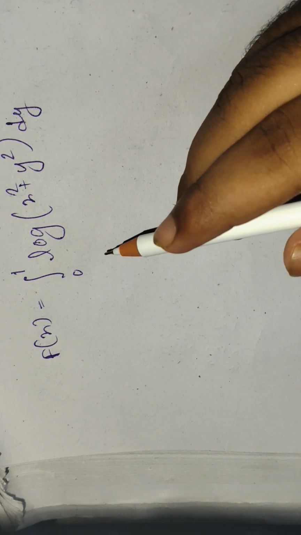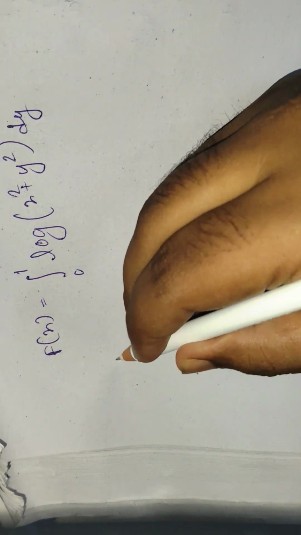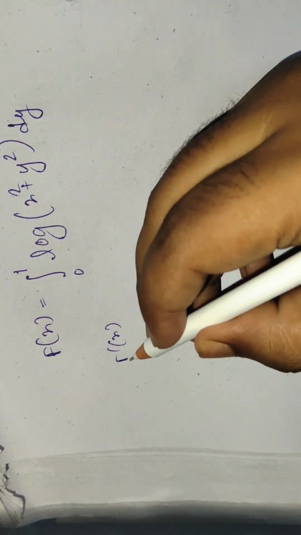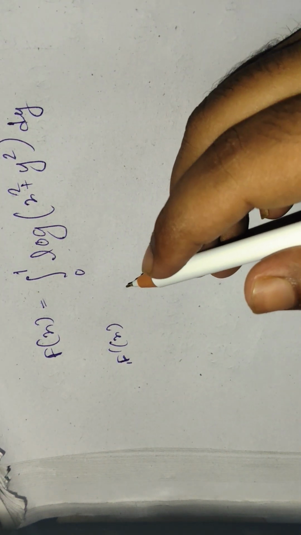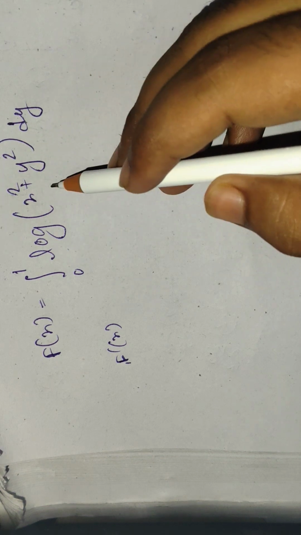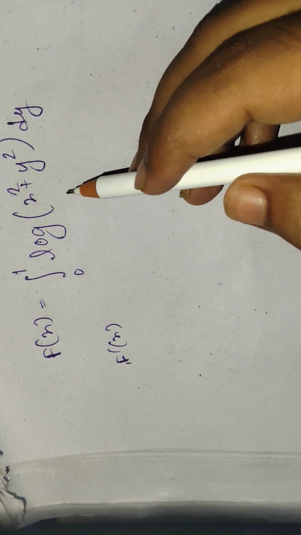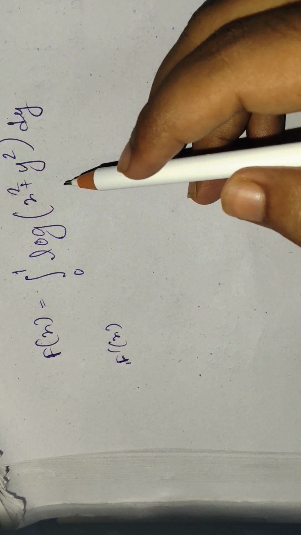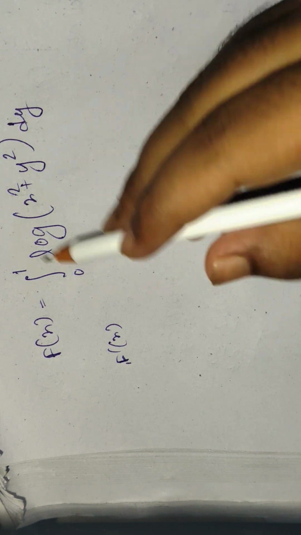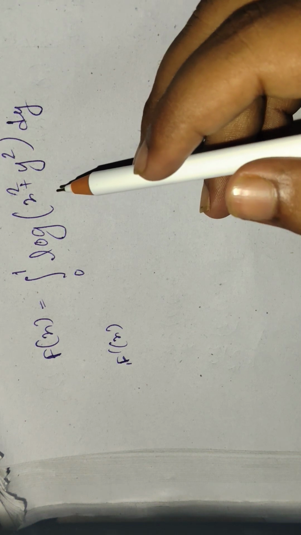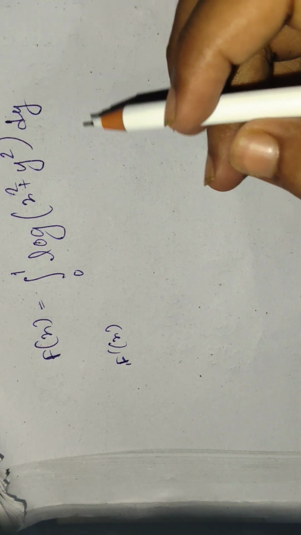Basically, you need to know the formula only. We have to find f dash x. So you have to differentiate f(x) with respect to x, and there are two variables, so you have to use the partial derivative. You simply use Leibniz's rule for differentiation under integration.